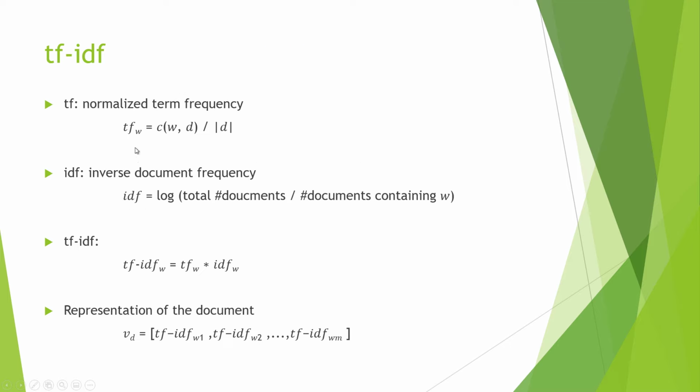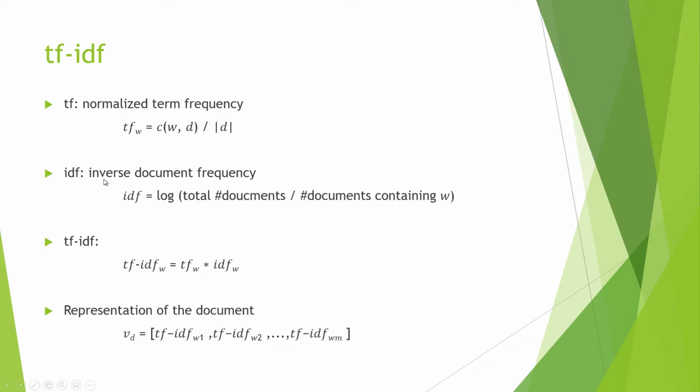And TF-IDF as a representation has built-in immunity to the stop words. So by definition, TF is term frequency or normalized term frequency, and that is the occurrence of a term inside the document normalized by the length of the document, which is pretty similar to bag of words.